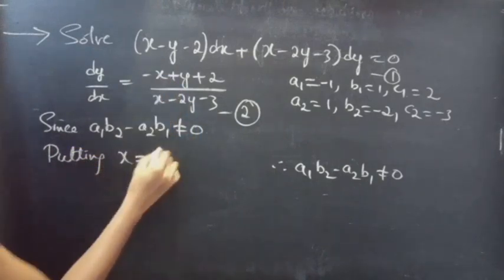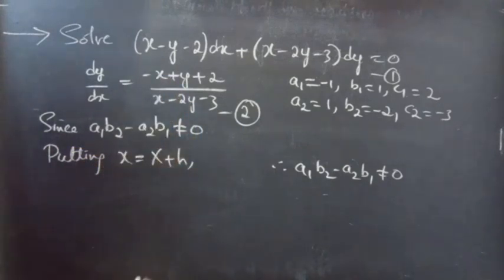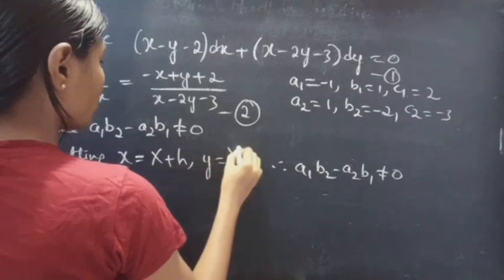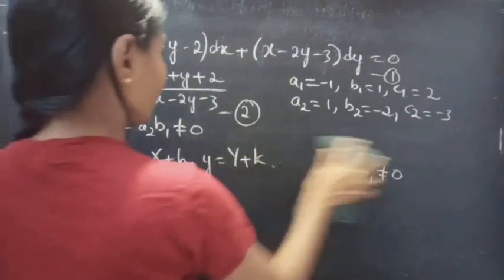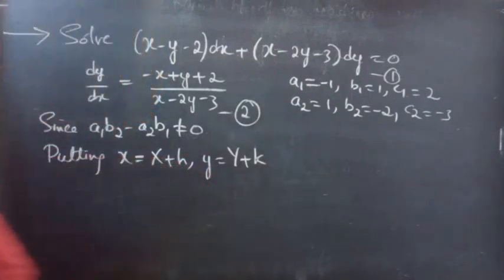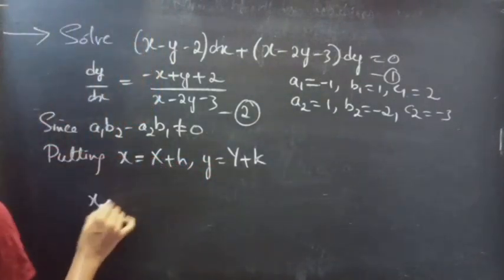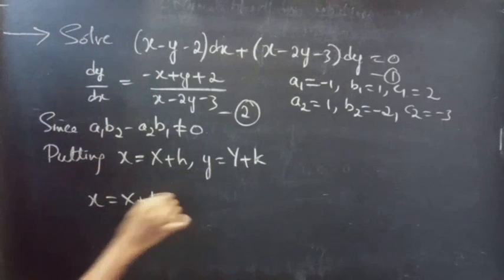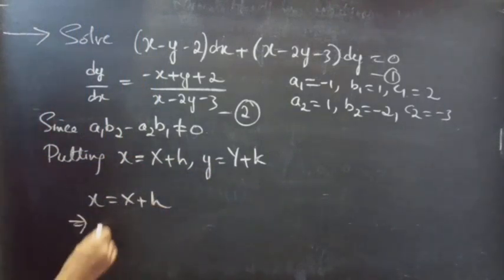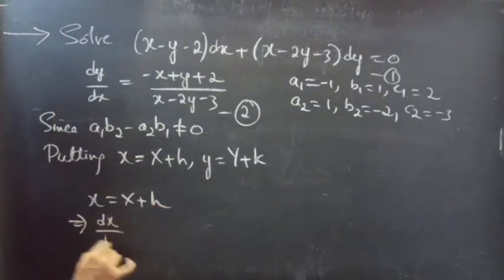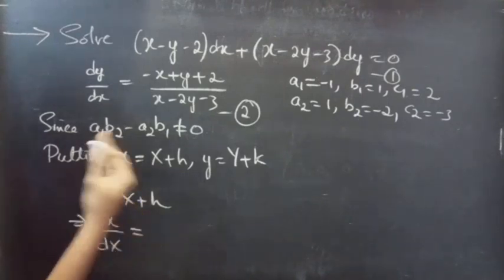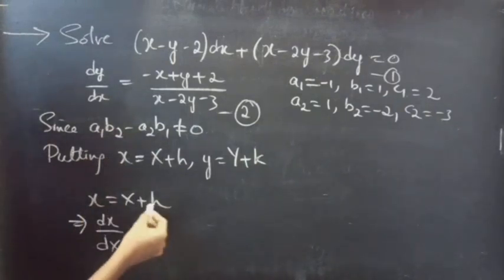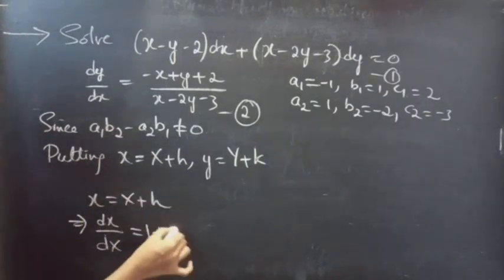x equals capital X plus h and y equals capital Y plus k. Okay. So you have x equals capital X plus h, right? If you differentiate on both sides with respect to capital X, then you'll get dx by dX equals derivative of capital X with respect to capital X, which is 1, plus derivative of h, that is a constant, with respect to capital X, which is 0.